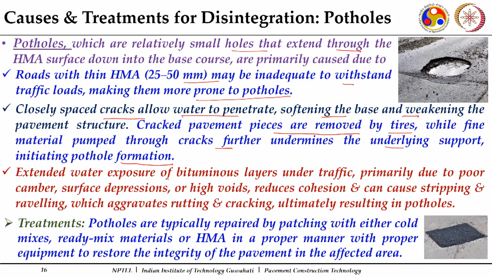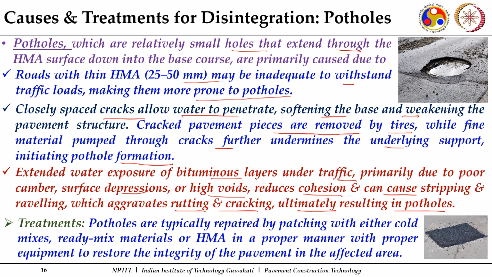So, extended water exposure of bituminous layers under traffic, primarily due to poor camber, small surface depressions, higher voids, compaction to a lower density, and reduced cohesion can cause stripping and raveling, and finally aggravates your rutting and cracking, ultimately resulting in potholes.